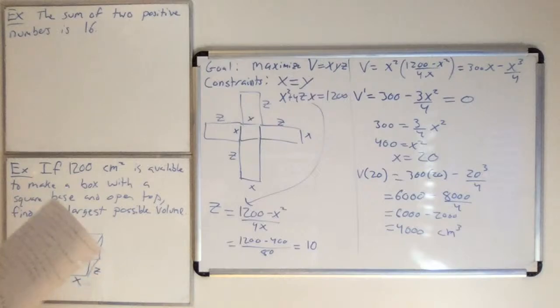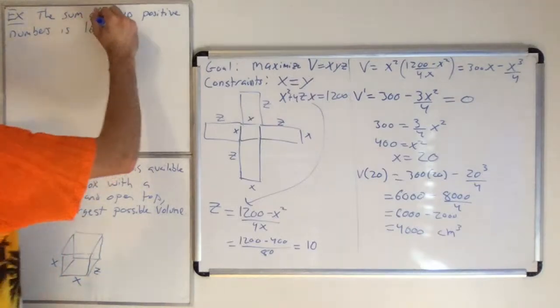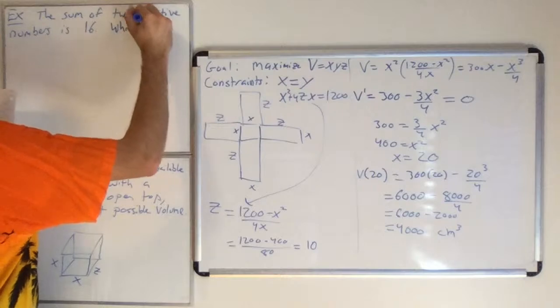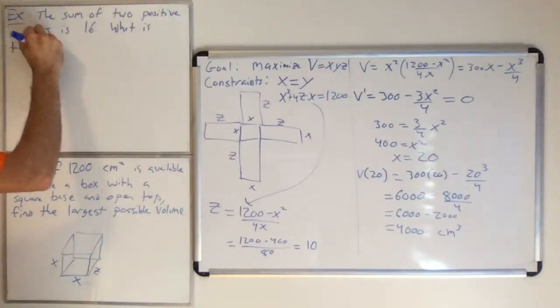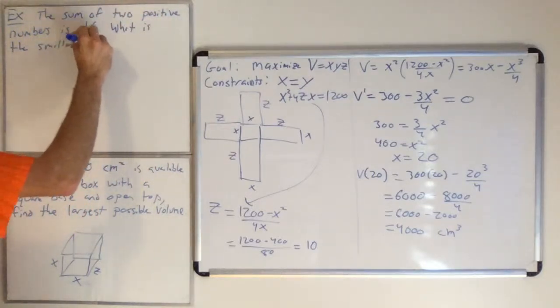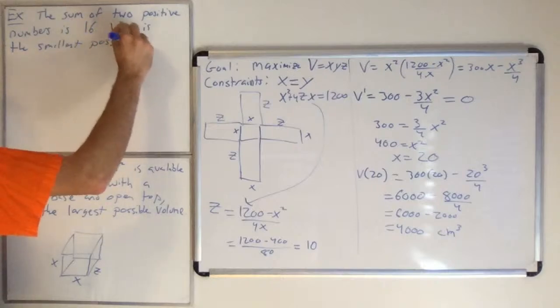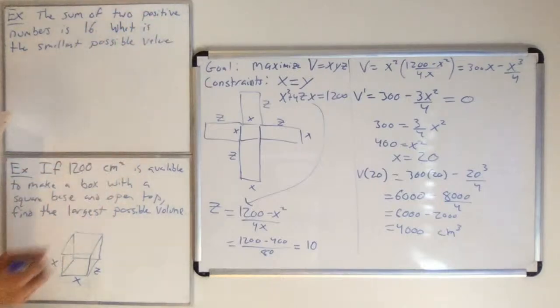What is the smallest possible value of the sum of their squares?